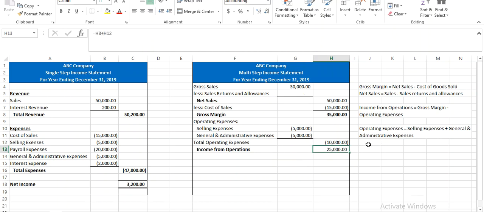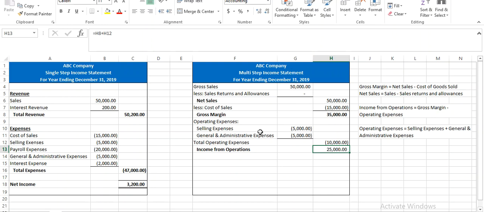If it was a negative number, then it would be a loss. And that's normally how it works with the income statement. Similar to net income. If this was a negative 3,200, then it would have been a net loss instead. So that information changes based on the profitability of the company, because we should know that only the income statement calculates profitability.